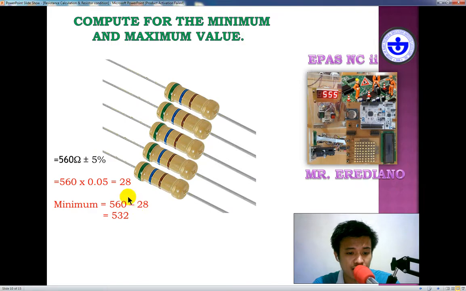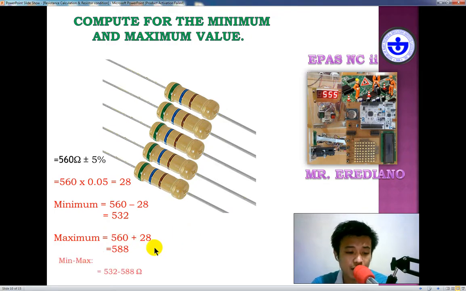You are going to minus this percentage from the value itself. So this 560 minus 28, it will give us 532. Okay? And for the maximum, you are going to add. That's why we have here plus and minus. So for the maximum, that is this value here plus the percentage value, that is plus 28, and it will become 588.